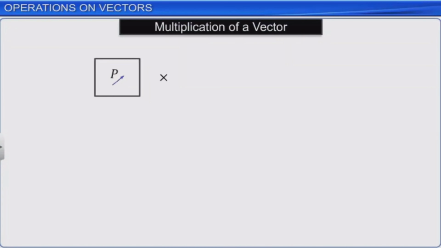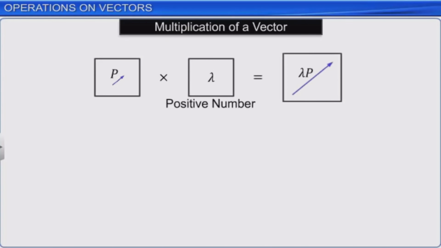When you multiply a vector p with a positive number, lambda, you get a vector whose magnitude is changed by the factor lambda. The direction remains the same as that of p. Mathematically, it is expressed as mod of lambda p is equal to lambda into mod p.